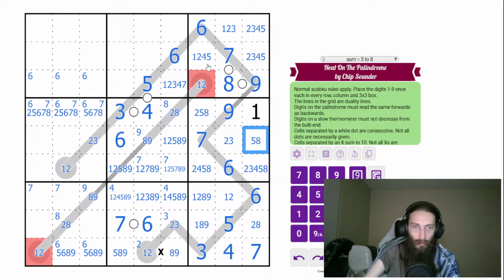Where else does that go? Now can row 6, column 9 be a 4? That has a lot of options, so... I mean, I've got 2 possibilities for 4 in this box.